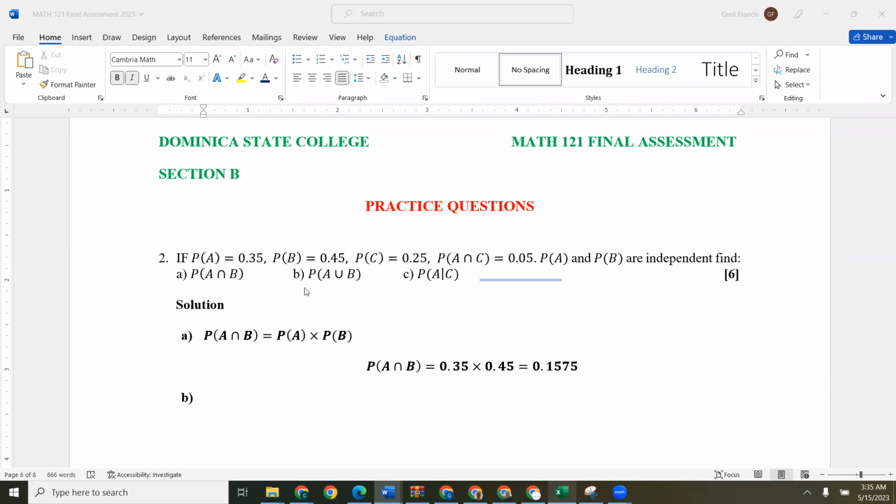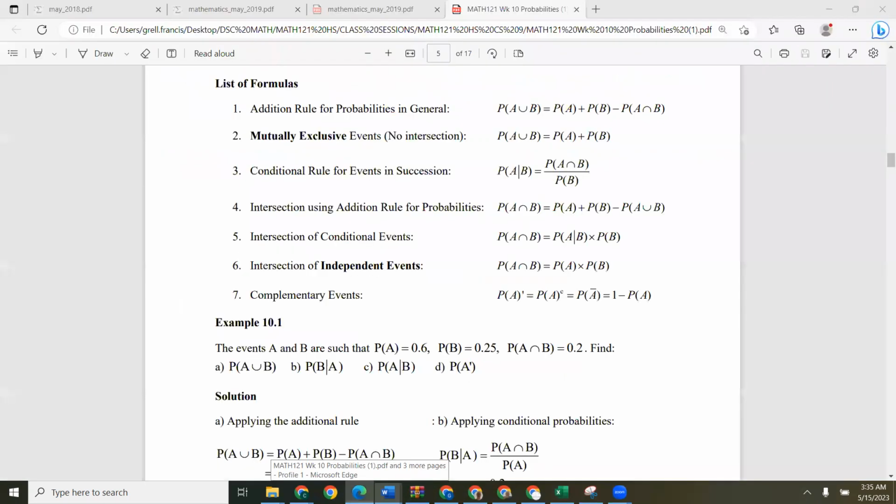Let's go to part B. Part B is asking for P of A union B. So we go to the list again to look for P of A union B based on the information we have. There are two formulas for A union B: the addition rule for probabilities in general, and the rule for mutually exclusive events, with no intersection.